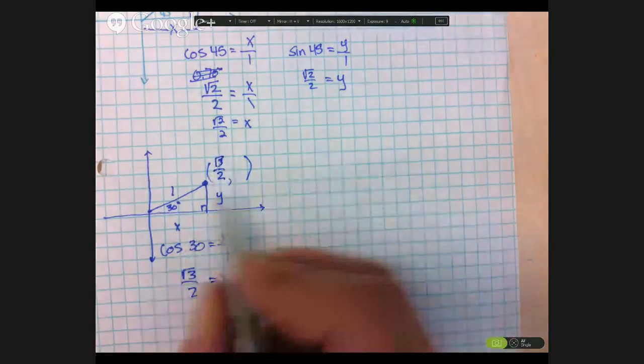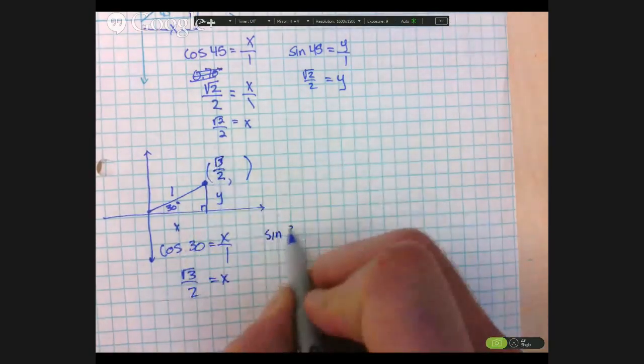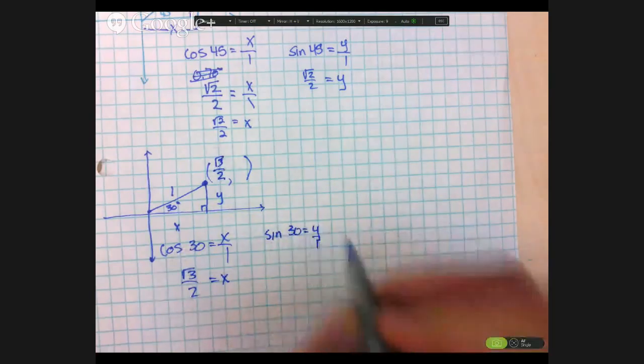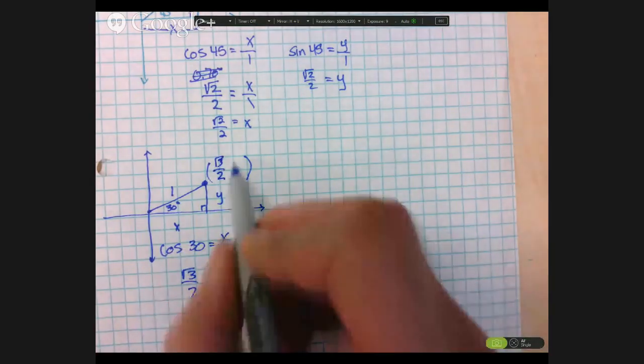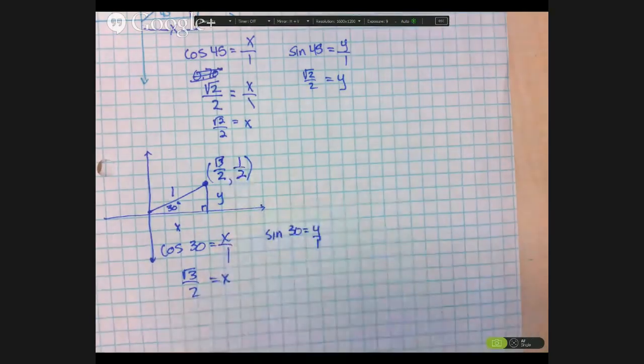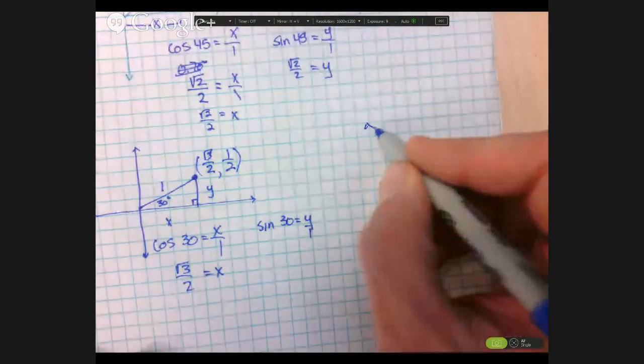Okay, what's the sine of 30? And you have another location. All right, let's do one more and then we're going to combine them.